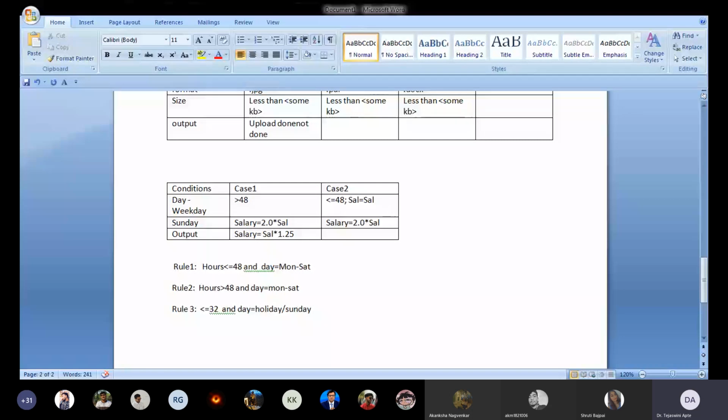I'm not bothered about C1. That's what I was asking: what do you mean by the dash here? The dash means you just ignore that condition. Why? Because if it is a holiday or Sunday, I need not bother about the working hours. Straight away, I need to give the salary, which is 2.0 of the salary.